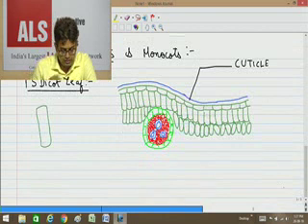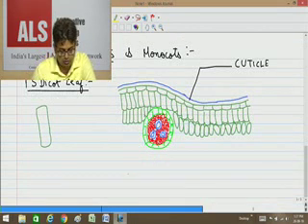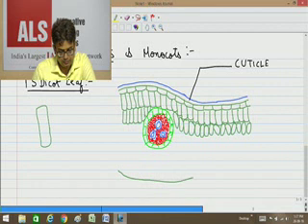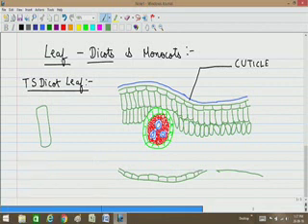Now moving on towards the lower epidermis of the leaf. So I am going to draw the lower epidermis. Lower epidermis. Like this. Okay.